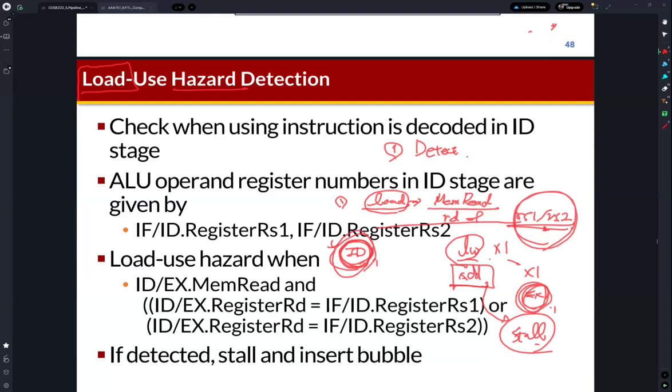What does that mean? The load instruction is a mem read, but the mem read is in the EX stage.